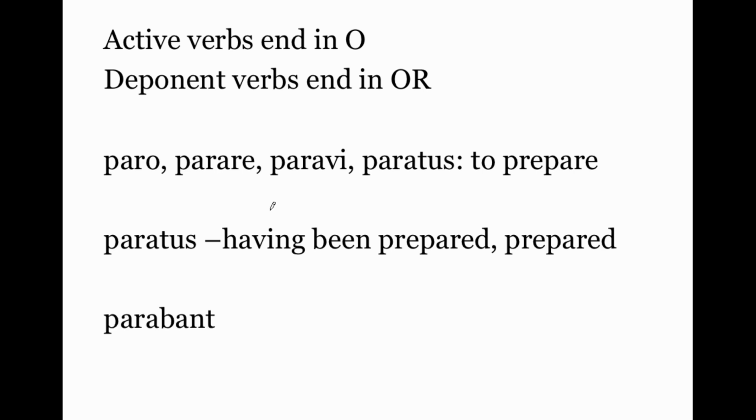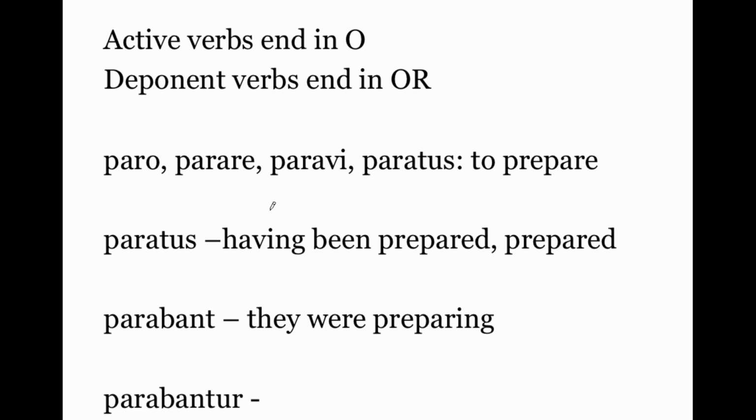Now let's look a little bit at how we translate these verbs in the imperfect tense between both active and possibly passive endings. So if paro, parare means to prepare, parabant would mean they were preparing. But look what happens when I put this passive ending on parabant. Parabantur becomes they were being prepared.